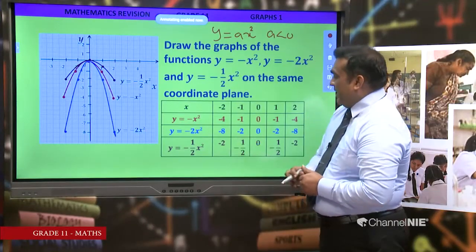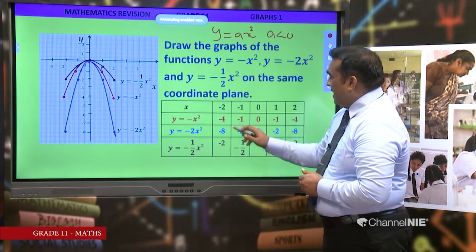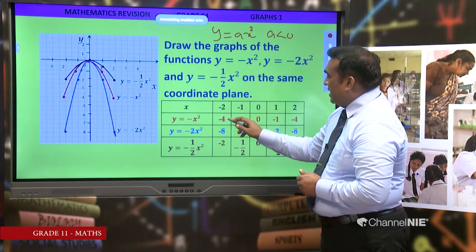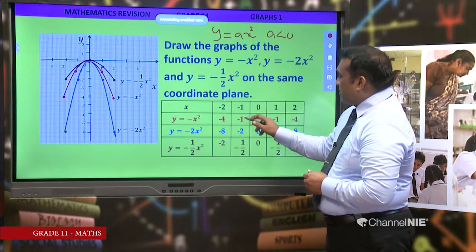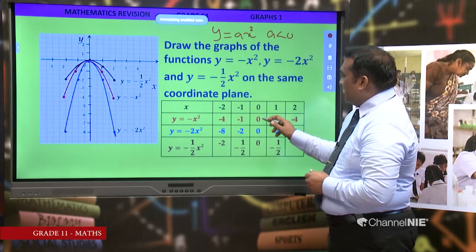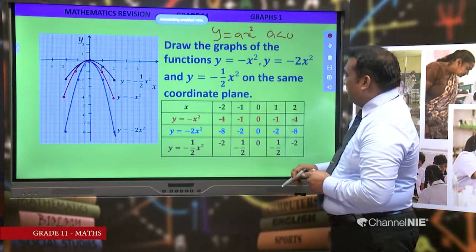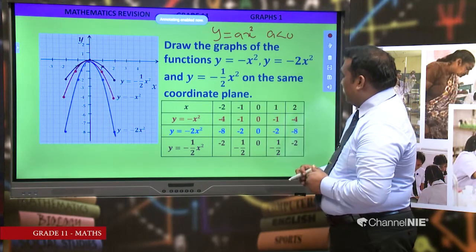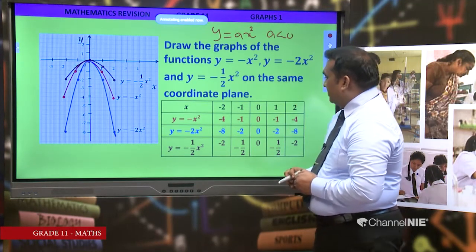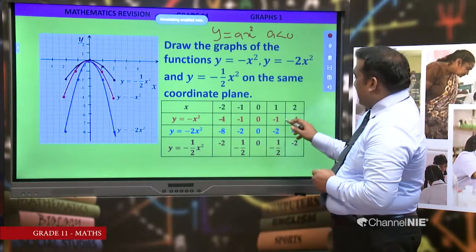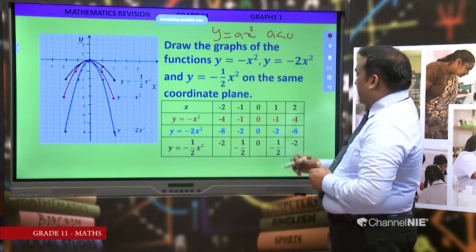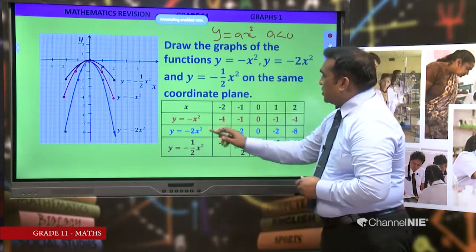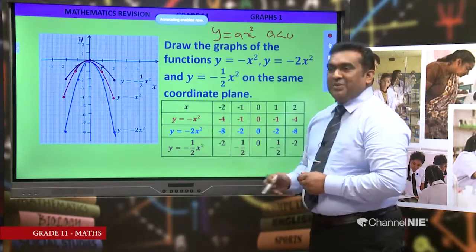Then for -2x squared, you multiply these coordinates by 2. -8, -1 into 2 is -2, -2 into 0 is 0, -2 into -1.